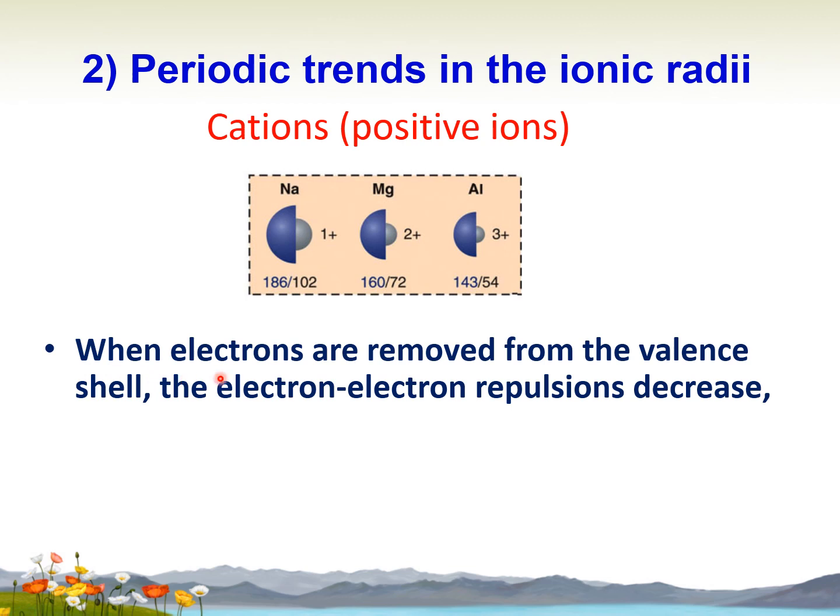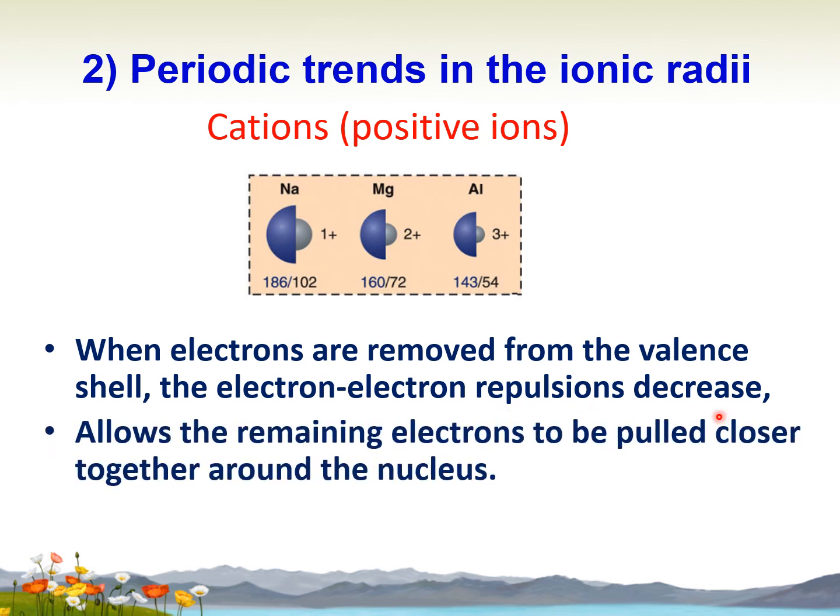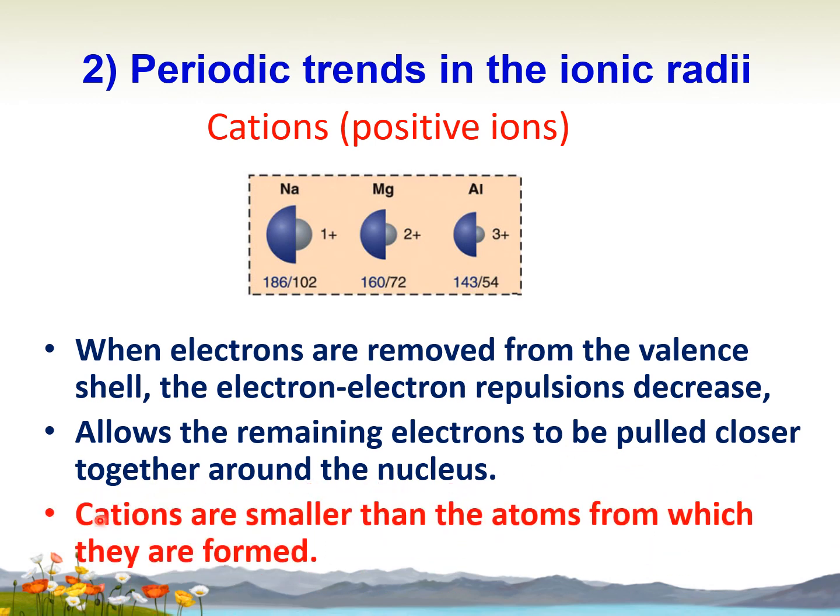When electrons are removed from the valence shell, the electron repulsion decreases. This allows the remaining electrons in the inner orbitals to be pulled closer together around the nucleus, making the cations smaller than the atoms from which they are formed.